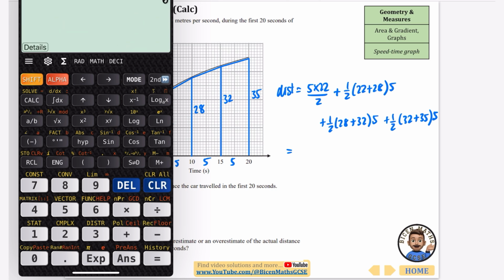So I'm going to do 5 times 22 divided by 2, a half, 22 plus 28 times 5, a half, 28 plus 32 times 5, a half, 32 plus 35 times 5. And we get an answer of 497.5 metres.